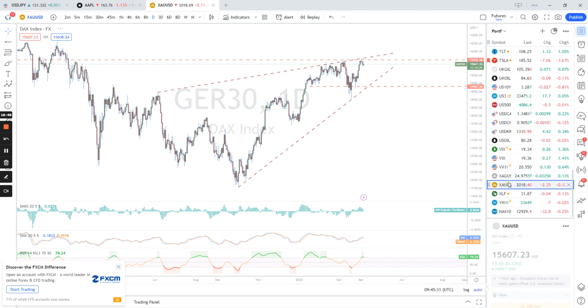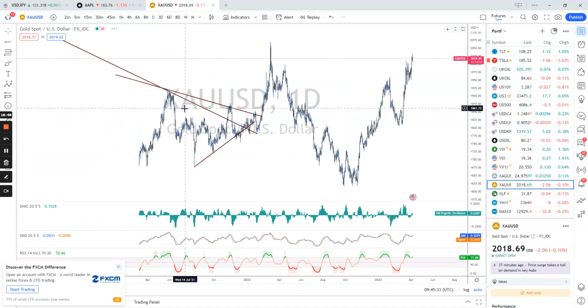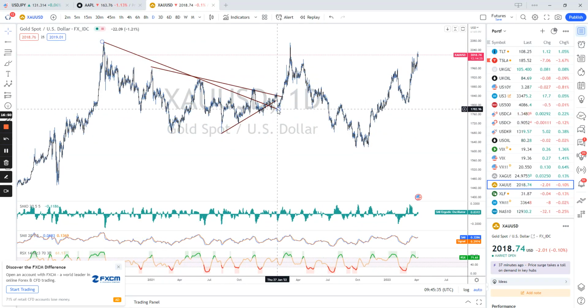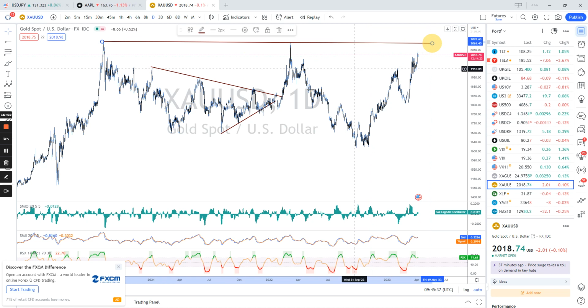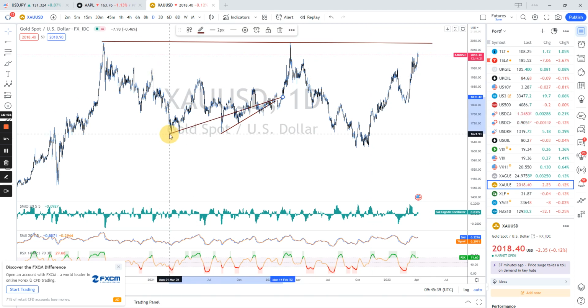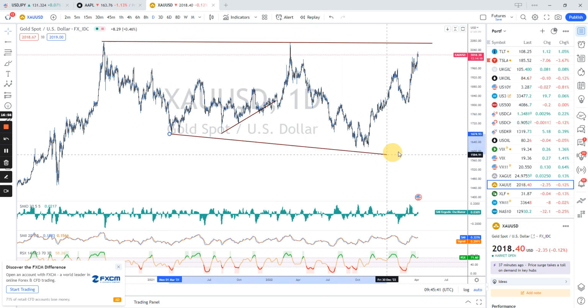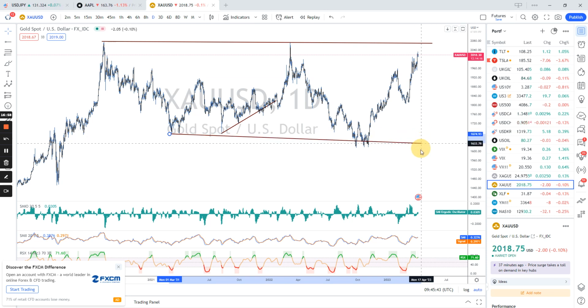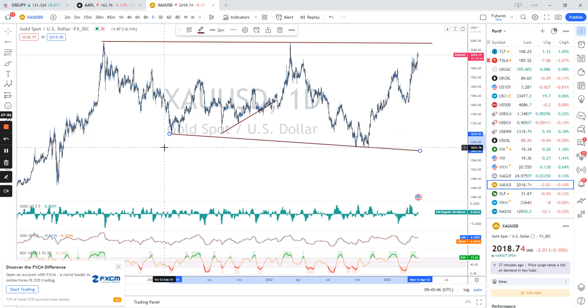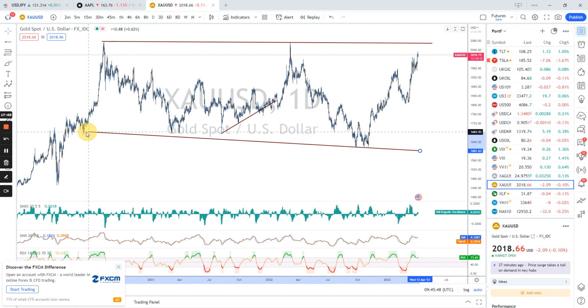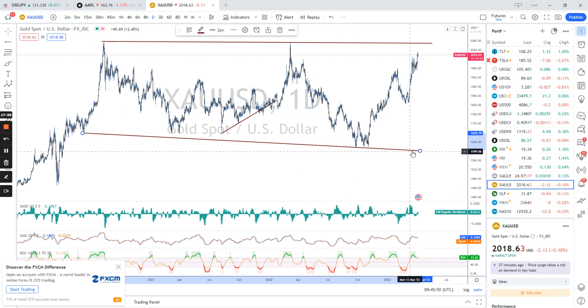Looking at the commodities, I will just show the gold. This is an extremely long-term range. It's complex. It's not simple for trading.